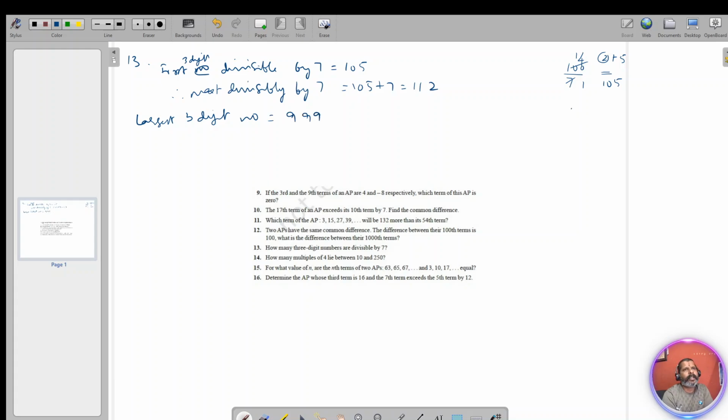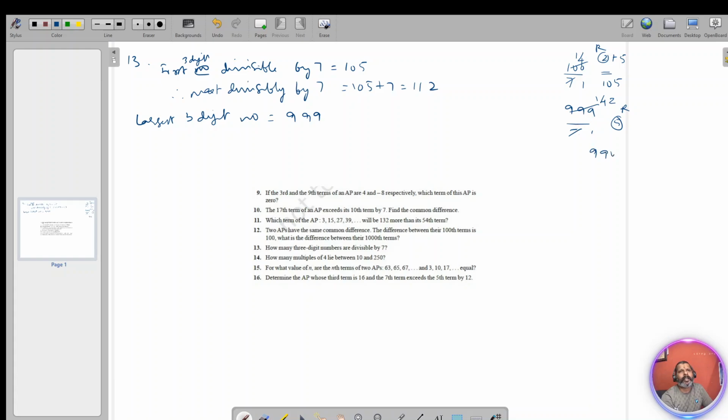999. Try 999 by 7. 7 1s are 7, 2 remaining, 29. 7 4s are 28. 1 remaining, 19. 7 2s are 14. 5 is the remainder here. Okay? 5 is the remainder. Means you subtract 5 from it.